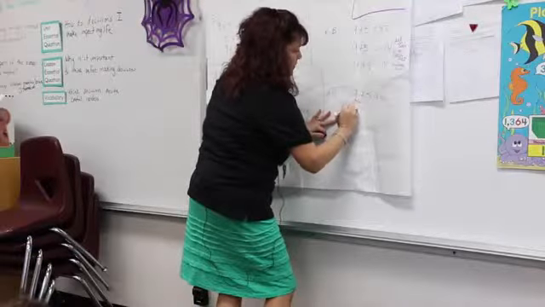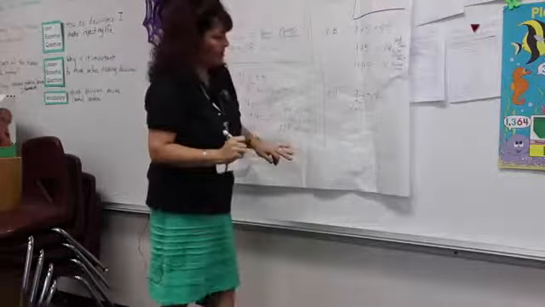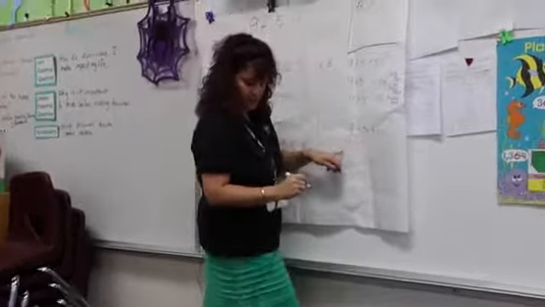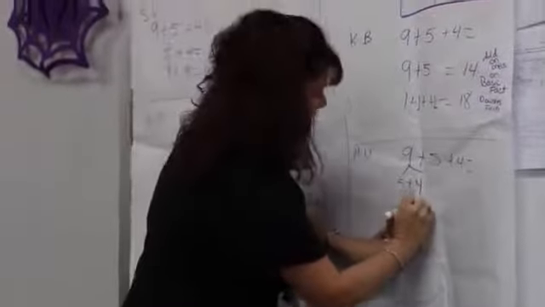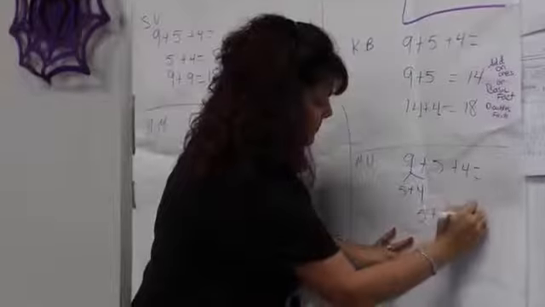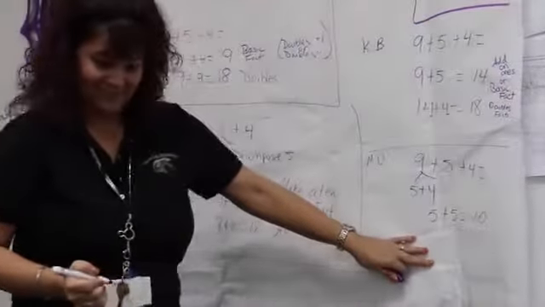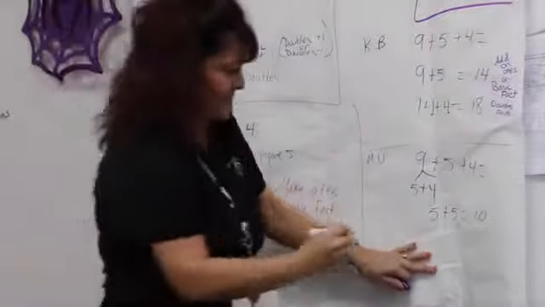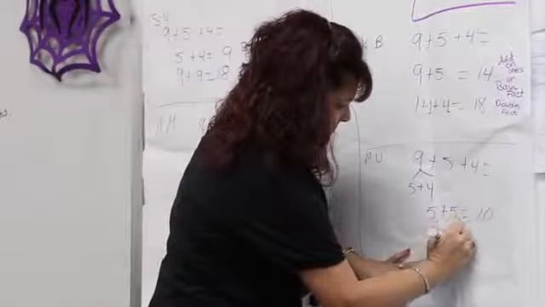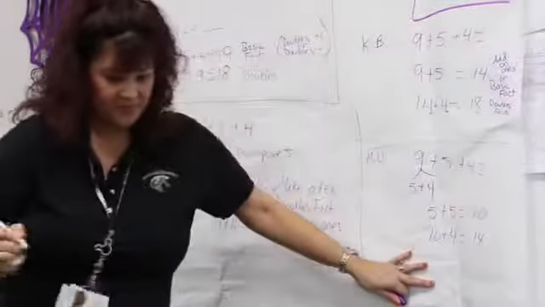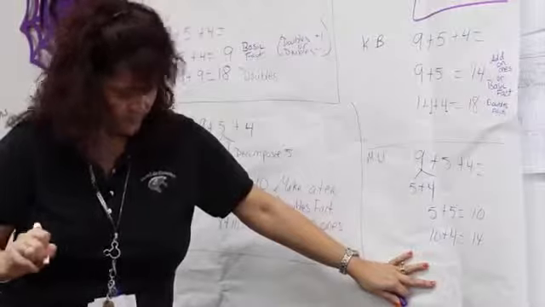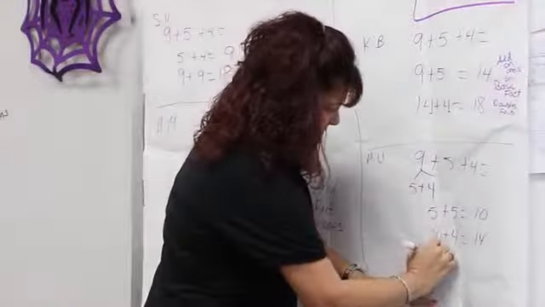Then it was going to be 5 plus 5 equals 10. Then 10 plus 4 equals 14. Then another 4 would equal 18.